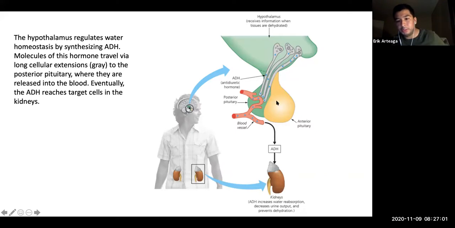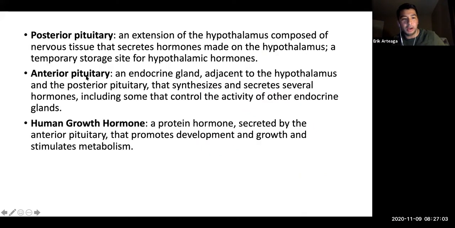All right, so the anterior pituitary, again, is going to have multiple different hormones that are going to be secreted from there. So again, the anterior pituitary is an endocrine gland adjacent to the hypothalamus and the posterior pituitary that synthesizes and secretes several hormones, including some that control the activity of other endocrine glands, okay? So one of those being human growth hormone.